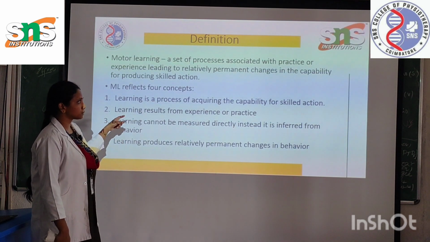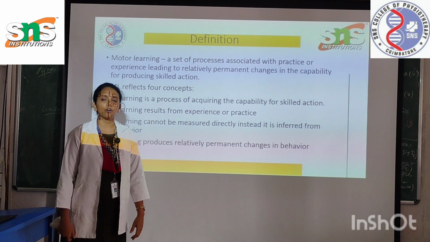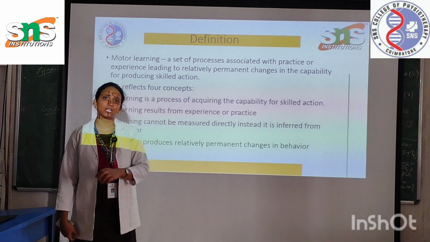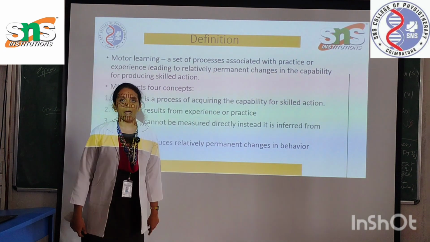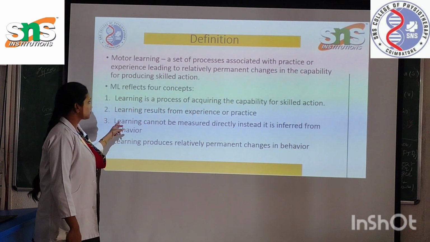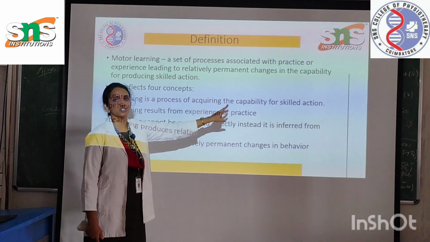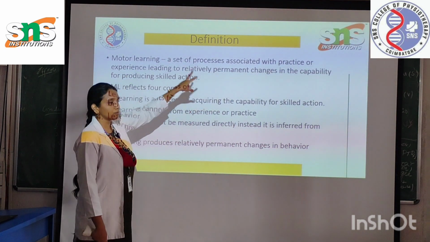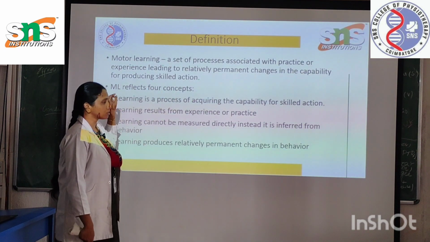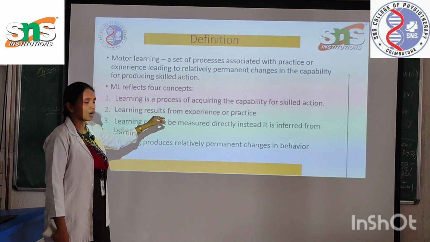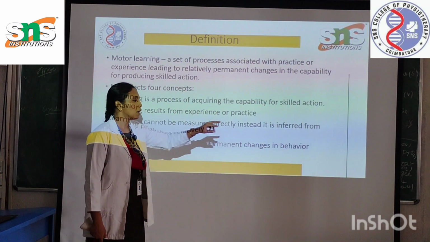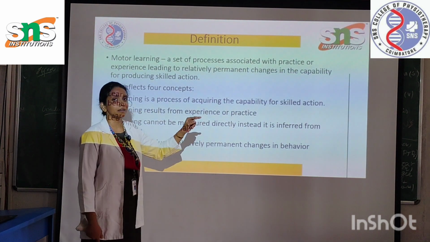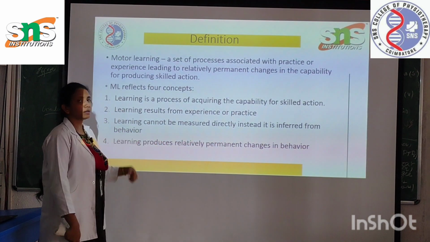So the first concept is acquiring the capability of skillful action. As I said, acquiring the capability of skillful action comes through practice only. The next concept is that it results from experience or practice, as we stated in the previous definition. The third one is that it cannot be measured directly; instead it can be inferred from the behavior.